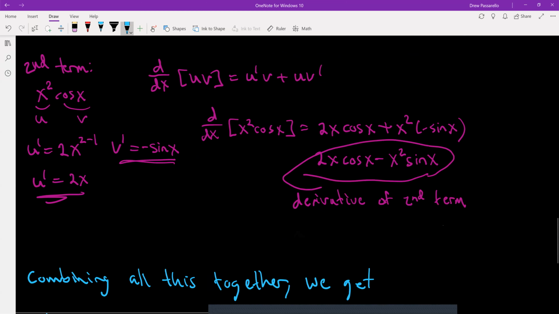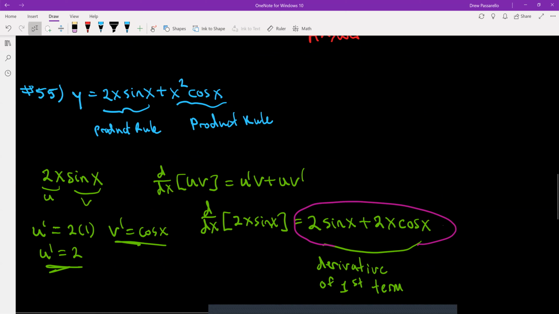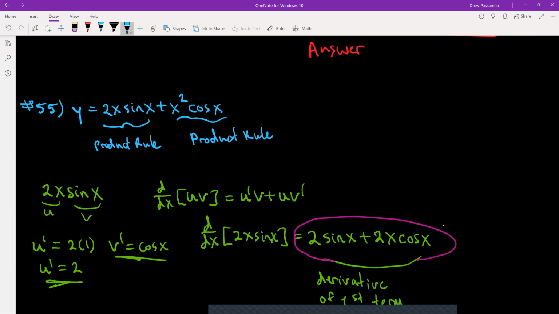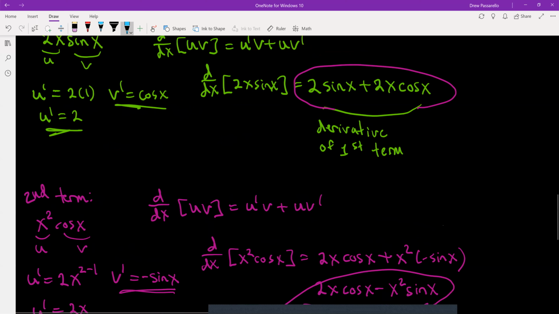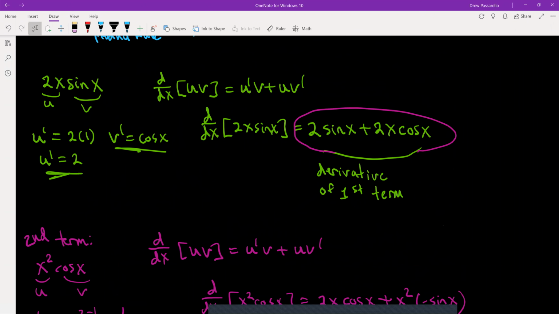It's the derivative of the first term plus the derivative of the second term. Our first term was 2x sine x. I found its derivative. That's what's in green, 2 sine x plus 2x cosine x. The second term is x squared cosine x. That was what we got in purple.